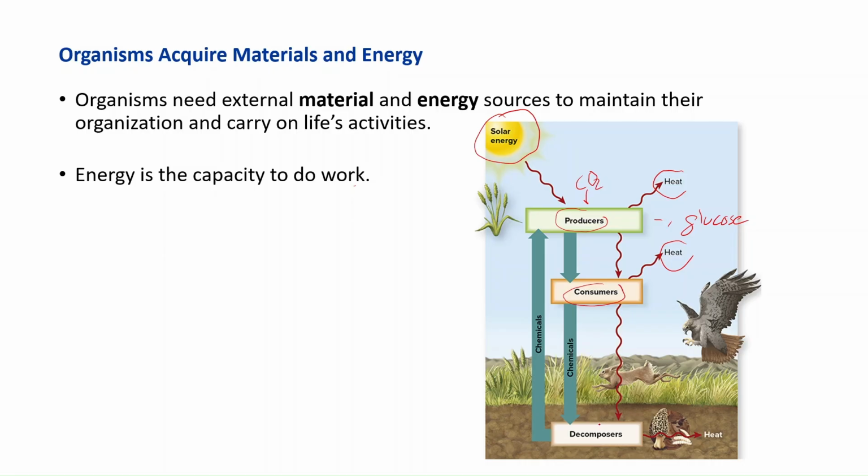So we have another set of organisms, decomposers, that break down the nutrients that were in your body, return it to the soil, and release heat too. We're not going to get now into the cycles, but every organism, you can tell that they're getting energy and they're getting materials from the sun or from other organisms.